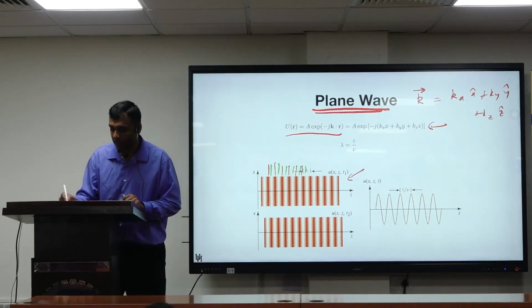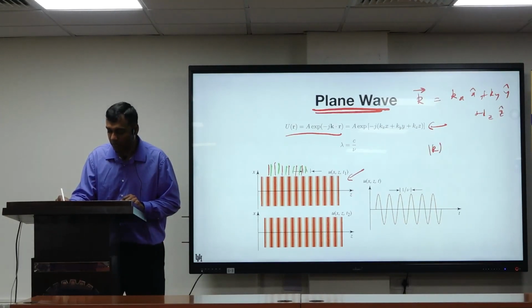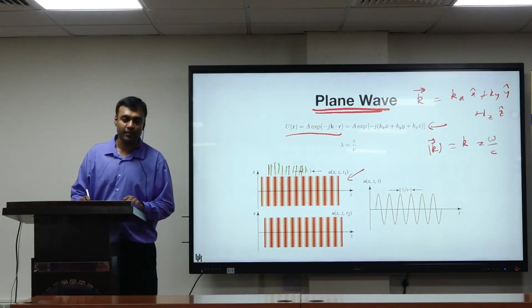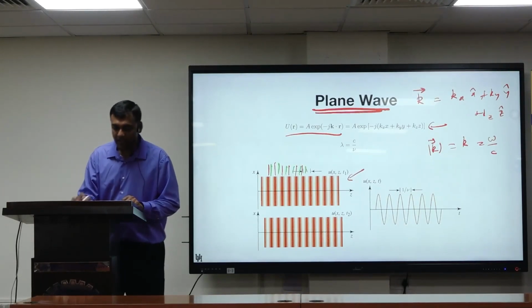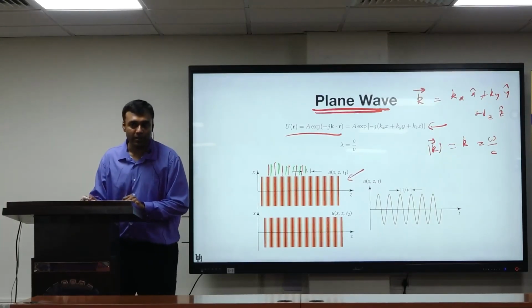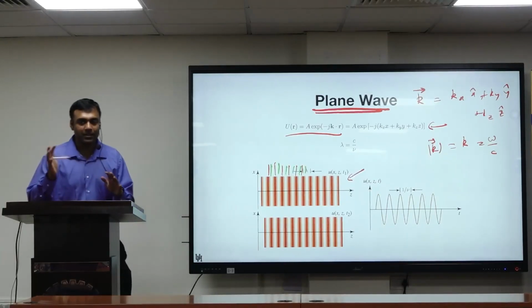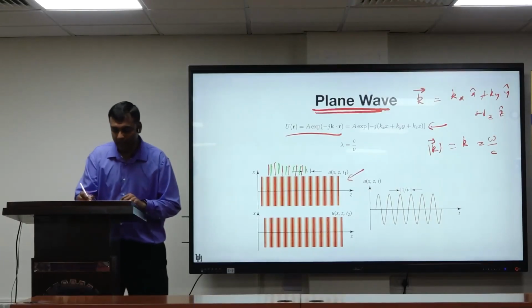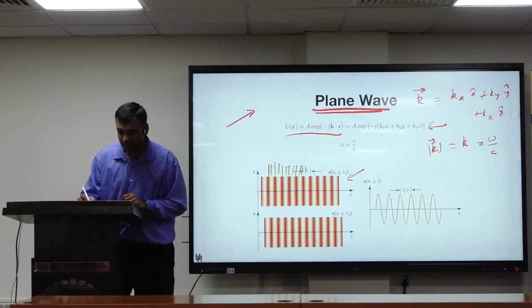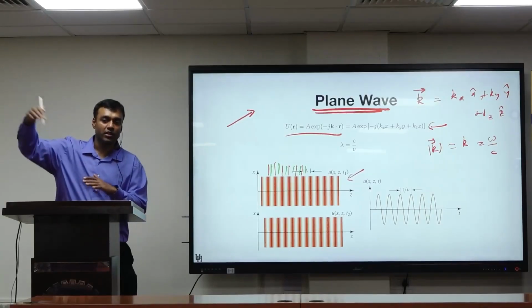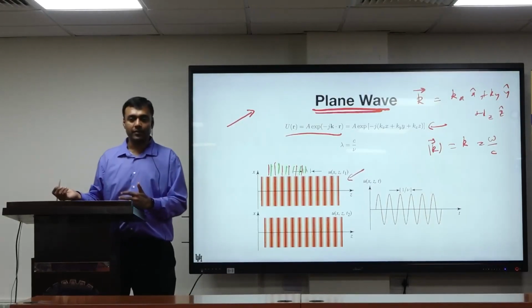The magnitude of this vector K is equal to K equals omega by c. This K is called the direction vector. I'll get to that in the next slide, but K in this case is the direction in which that particular plane wave is traveling.